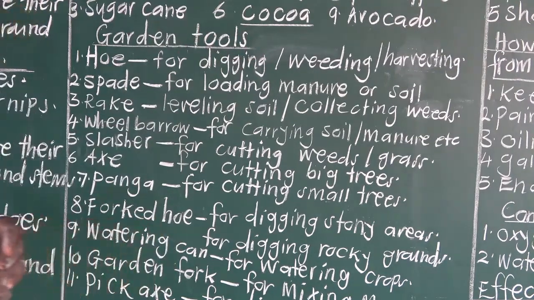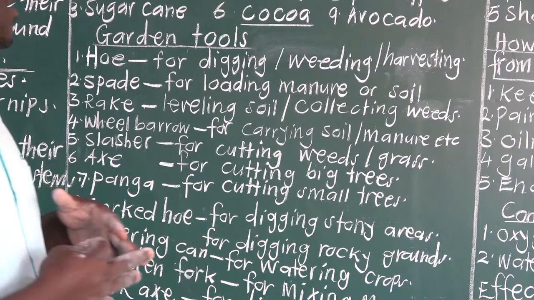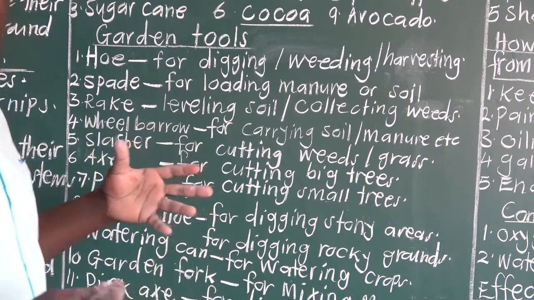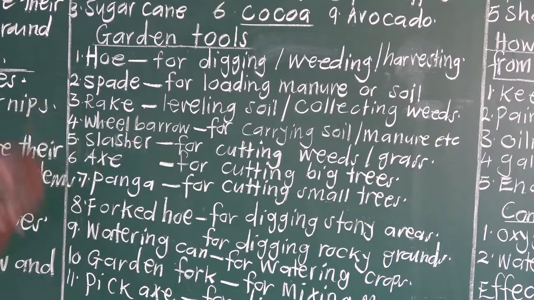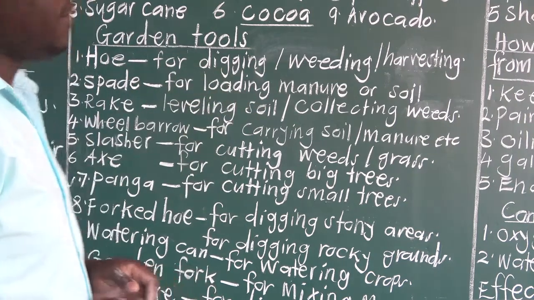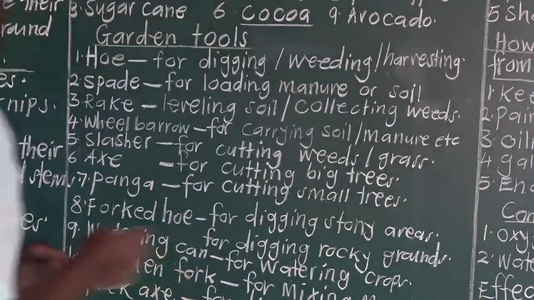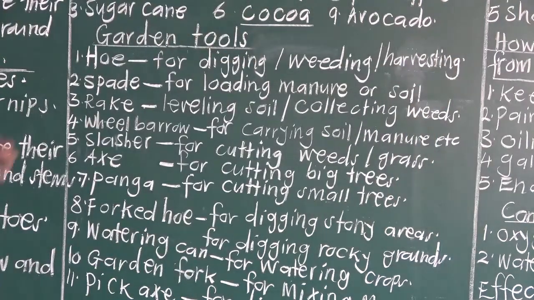We can harvest crops like cassava, sweet potatoes, Irish potatoes, white yams, using a hoe by digging those tubers out of the ground. So a hoe is used for digging, weeding and harvesting.